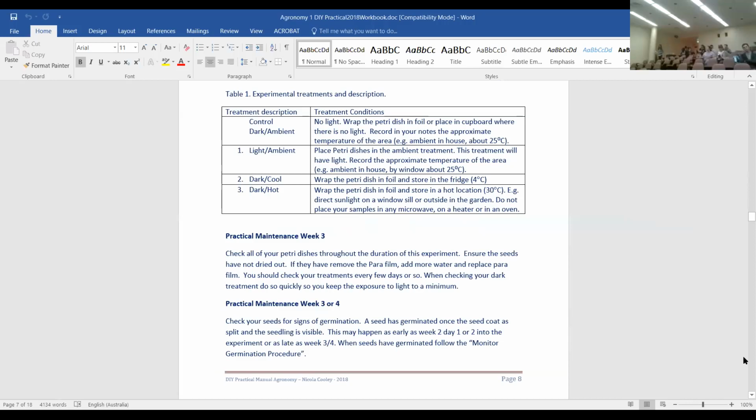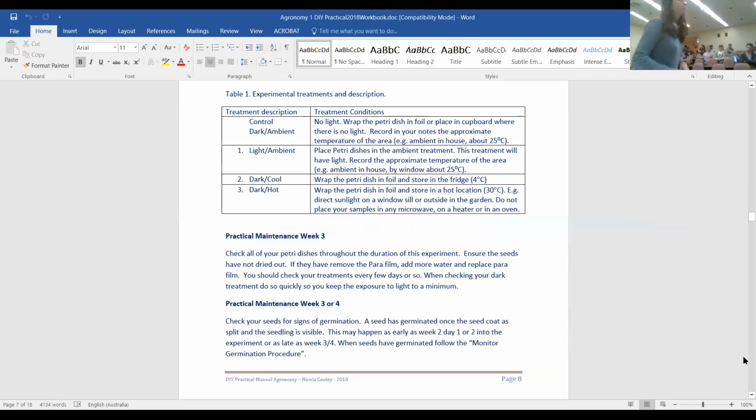The treatment that you choose, you need to put both of your other Petri dishes on that. So if you've got fescue and oats, you'll have fescue and oats in the dark, 1 Petri dish each, and then you'll have fescue and oats in your treatment condition.